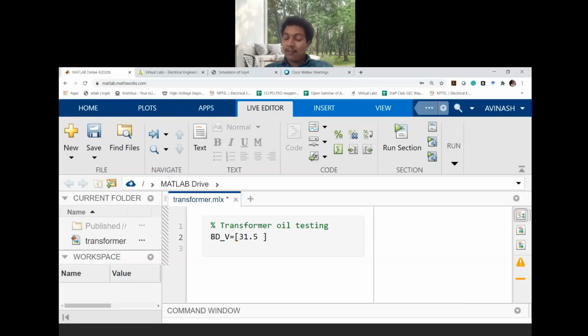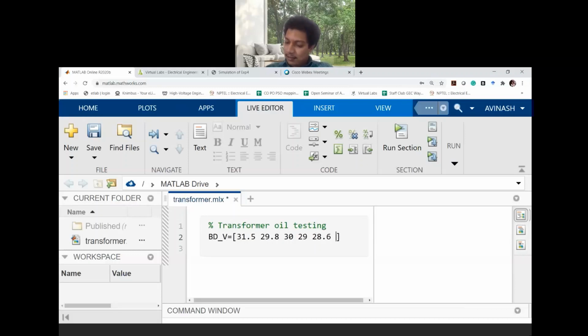These values are in kilovolts: 31.5, 29.8, 30, 29, 28.6. This is just for value sake. 31.2. How many are there now? 1, 2, 3, 4, 5, 6, 7.